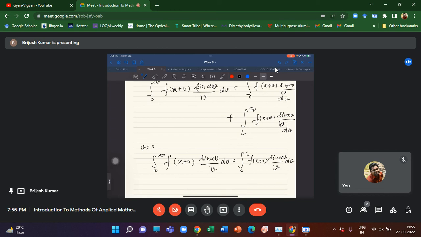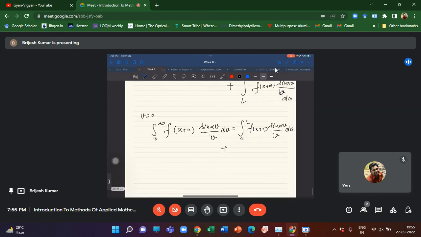It will be equal to the integral from 0 to L of f(x plus 0) sin alpha v over v dv, plus the integral from L to infinity of f(x plus 0) sin alpha v over v dv.